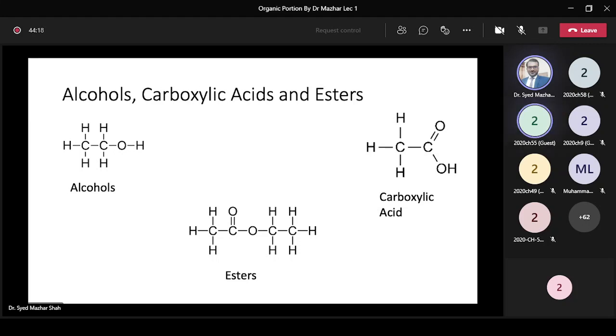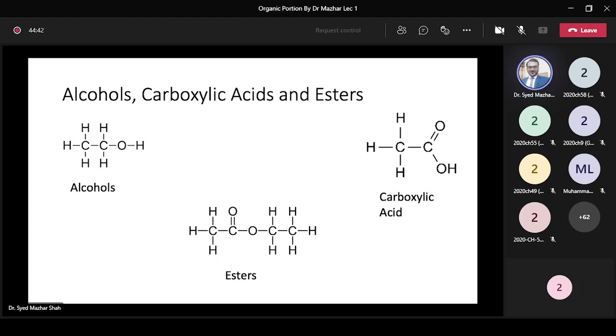Alcohols. Okay. Can esters have hydrogen bonding? No, sir. And how about carboxylic acid? Yes, sir. They have hydrogen bonding.